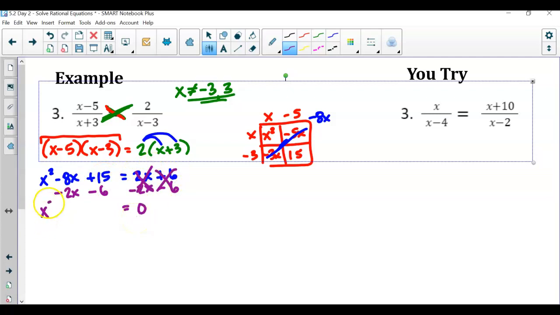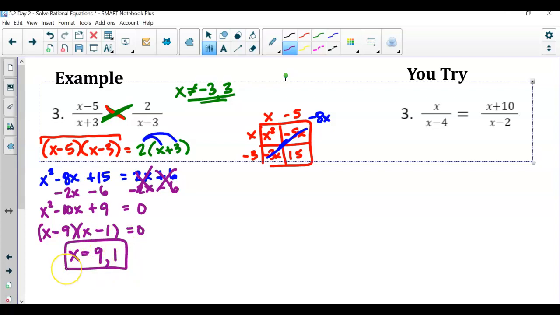And here I have x squared minus 10x plus 9. Now I'm going to go through and factor. What numbers multiply to get positive 9 and add to get negative 10? Negative 9 and negative 1. So that means that x is equal to positive 9 and positive 1.